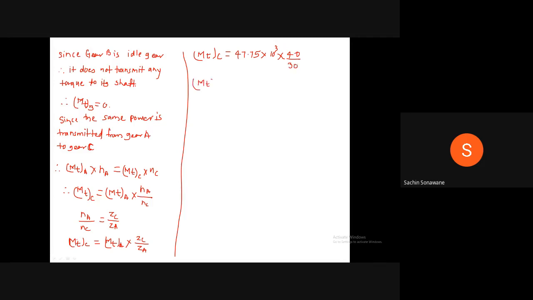Therefore, MTC is equal to, what is the answer? 63.67 into 10 raised to 3.